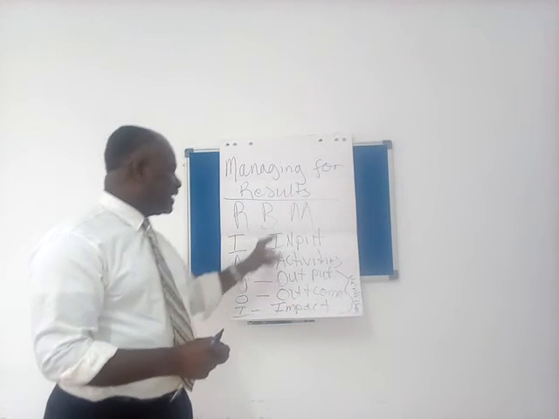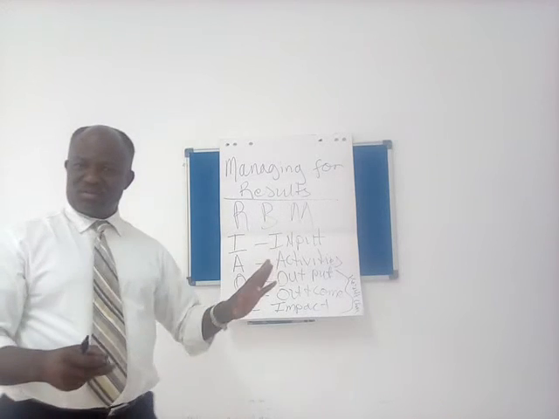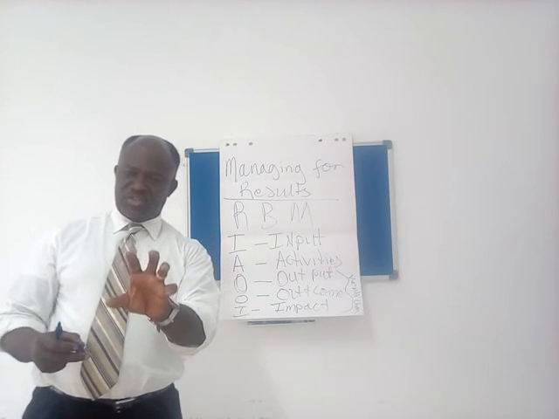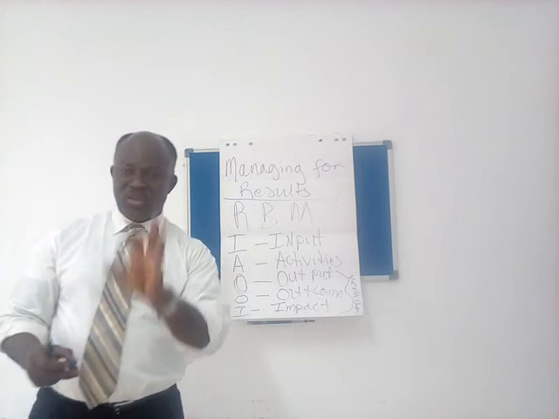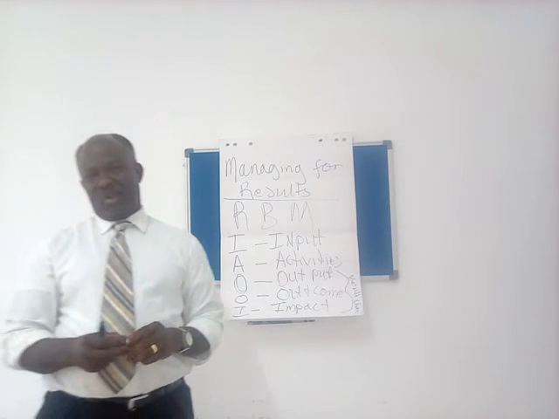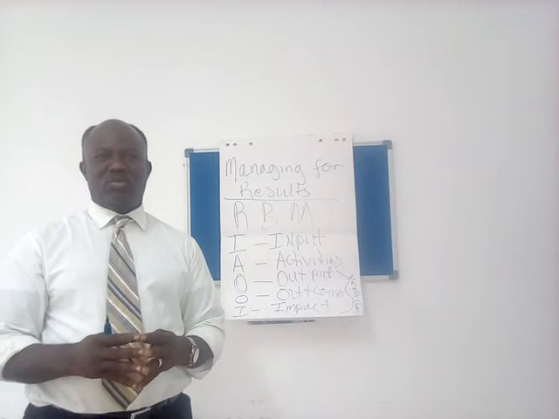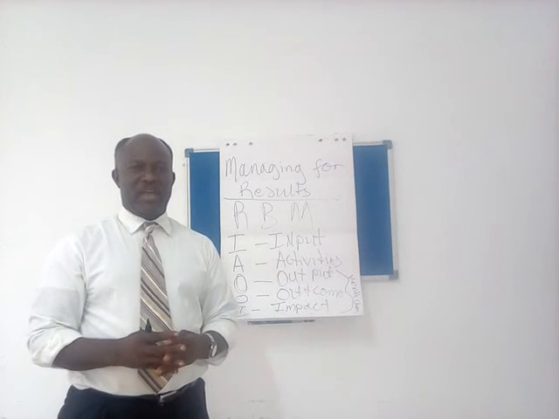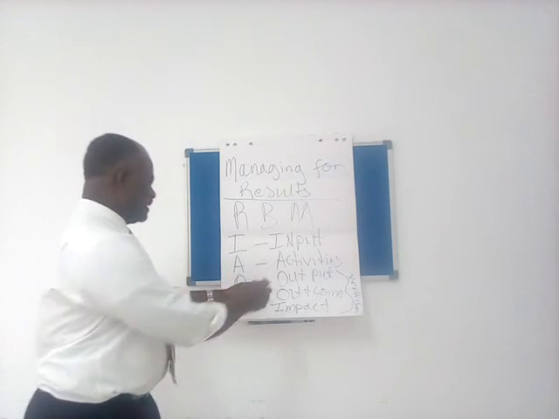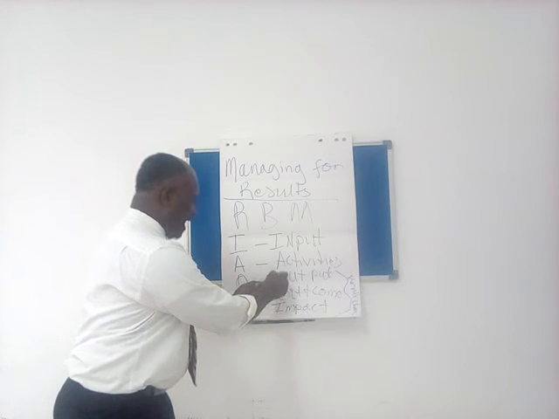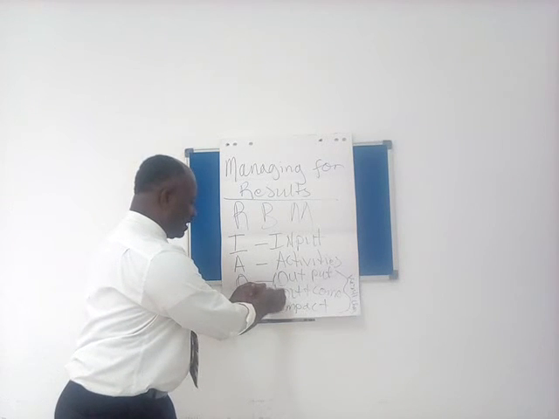The output that I'm getting on managing for results. You have knowledge. Now, with this knowledge, what are you going to do with it? Hopefully, you might have an opportunity to look for a job. And you can apply this knowledge, this output you have, to getting a job.